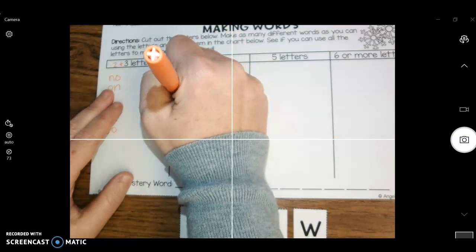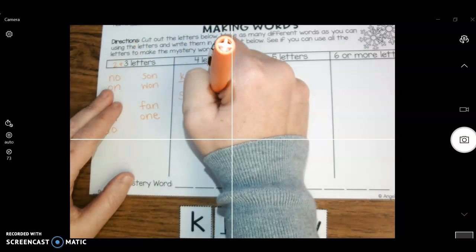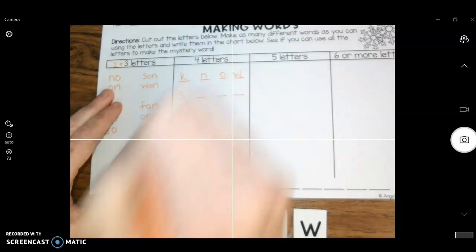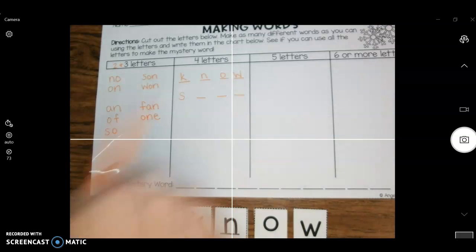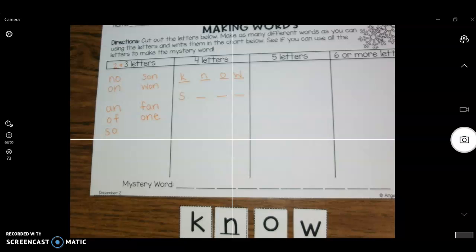Now I'm going to give you a little hint for another one. The next word starts with an S, and it rhymes with no. So think about no and then S. Can you figure it out? If you can figure it out, fill in those letters. I'm not going to tell you though. Now, let's see if I can find another one.